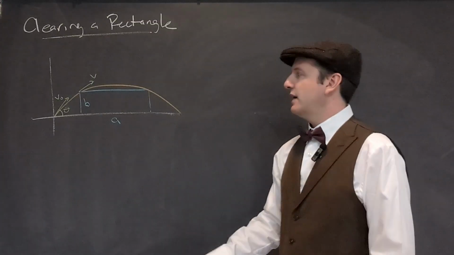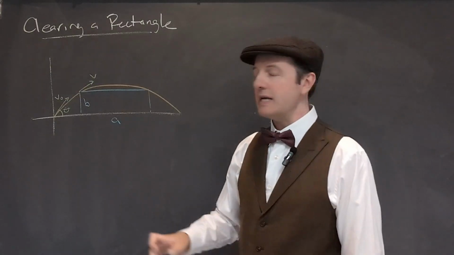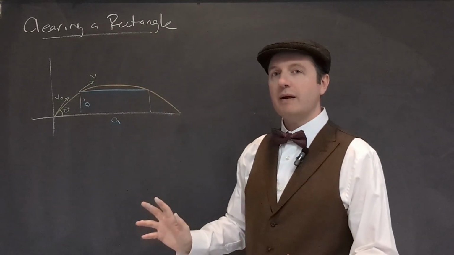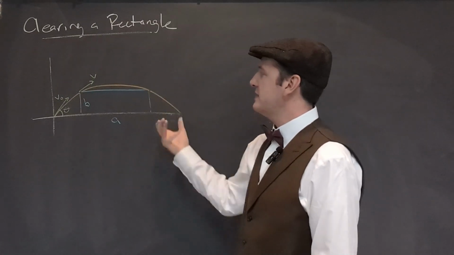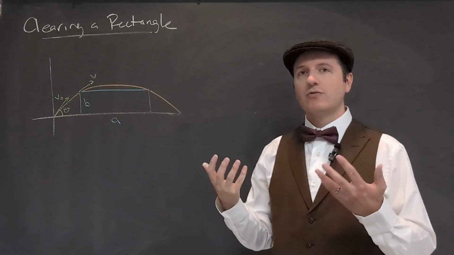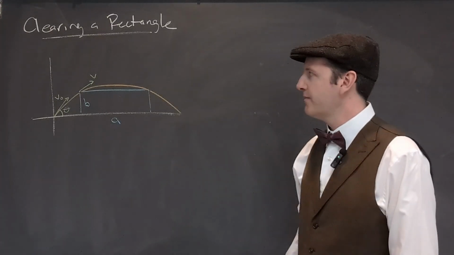In other words, if I have my projectile launched with some speed I'll call v from this corner, and I want it to make it to the opposite corner just barely with minimal speed, notice that that distance is just a. But we have previously worked out what is the range of a projectile that is launched on level ground.